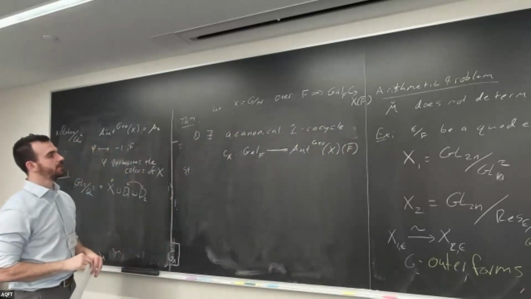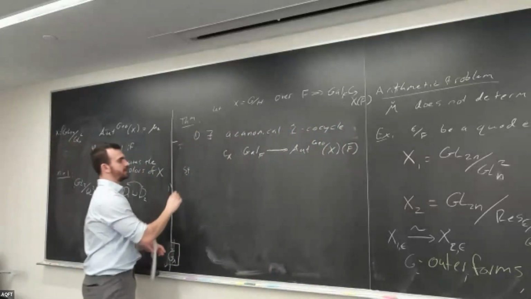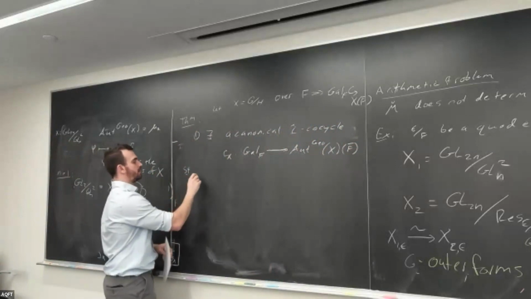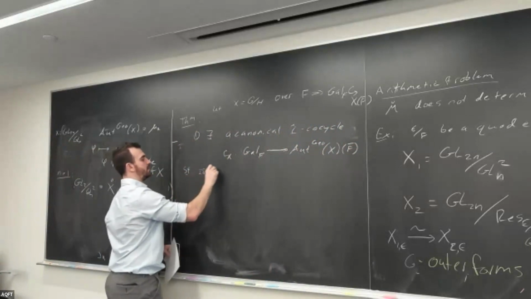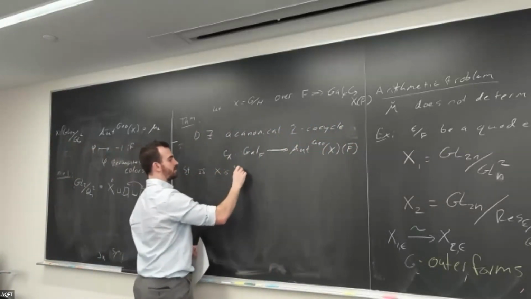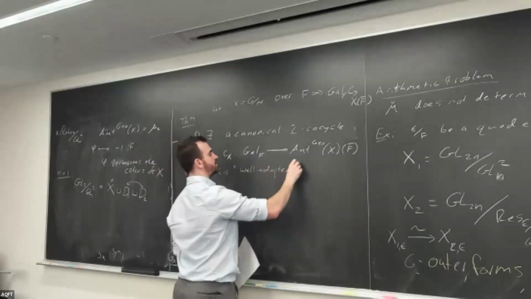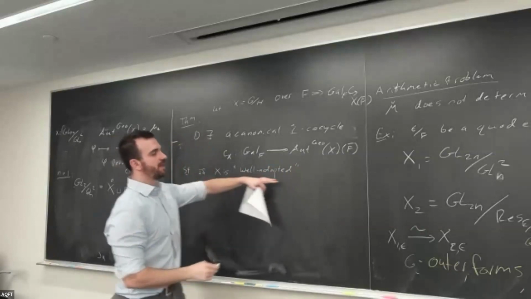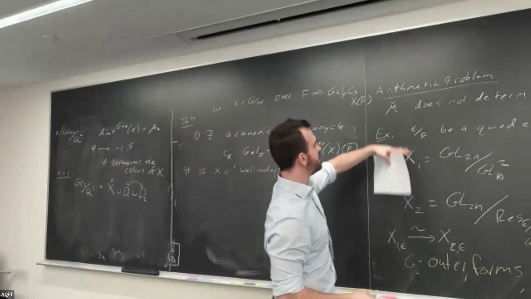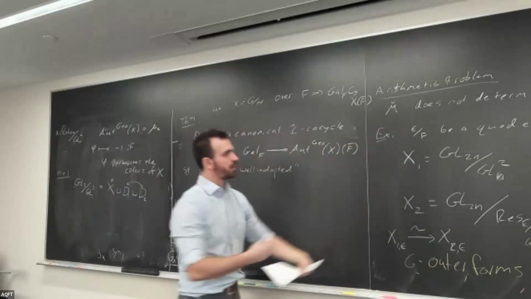there's a technical assumption that if X is, I'll state the word, well adapted, which, by the way, in BZSV they make some assumptions about the properties of the variety.